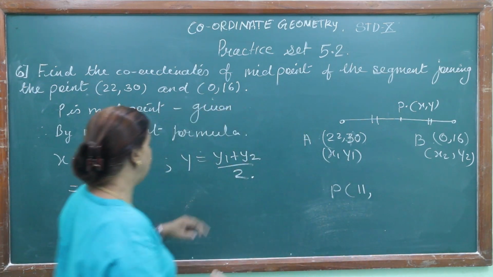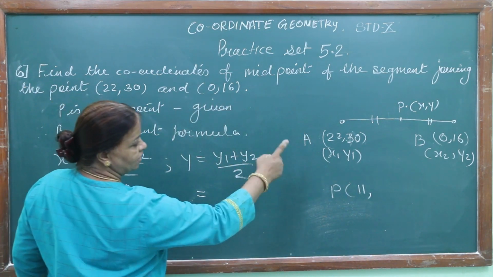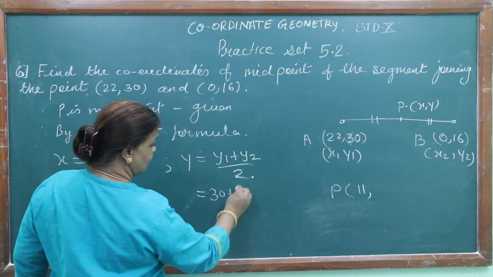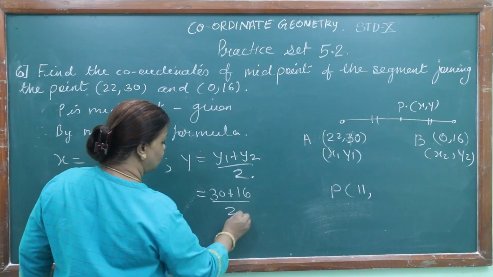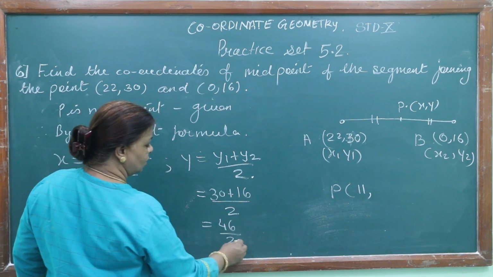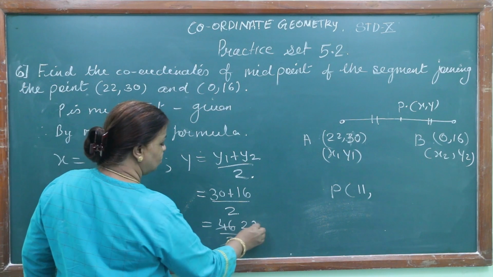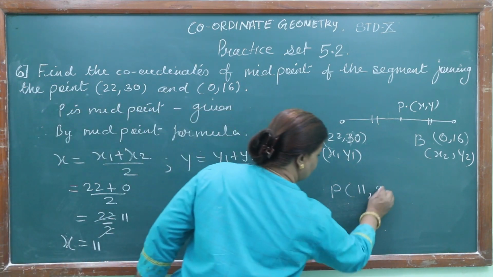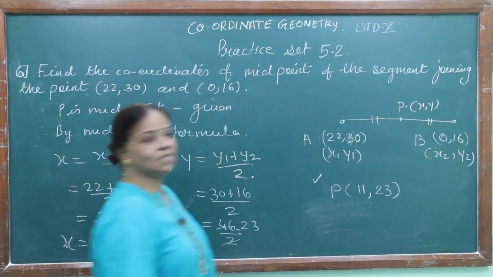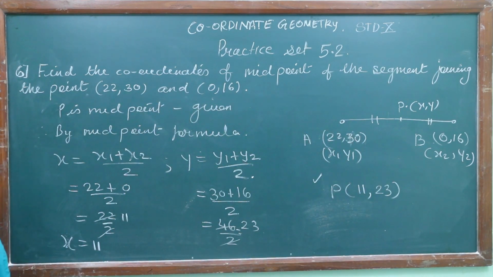Now we will go for the y coordinate. y1 is 30 plus y2 is 16, upon 2, that is 46 upon 2. 2 twos are 4 and 2 threes are 6, that is 23. So the coordinate for point P is 11 and 23. You can pause the video and solve the sum.